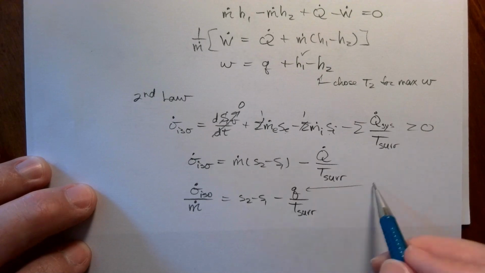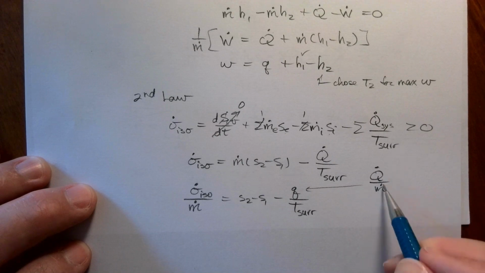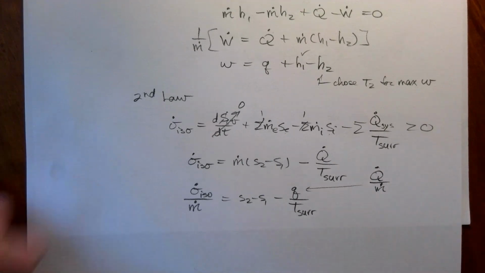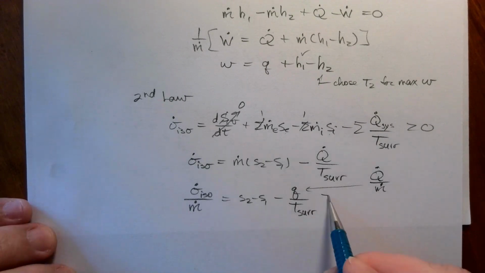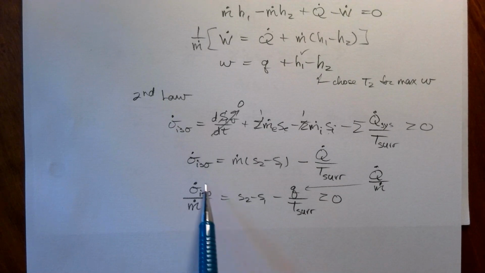That little q again is Q dot divided by m dot, so the dimensions of the rates cancel. Okay, so this is greater than or equal to 0. Dividing by m dot, we can still use this because m dot is a positive number, so this still must be greater than or equal to 0 according to the second law.